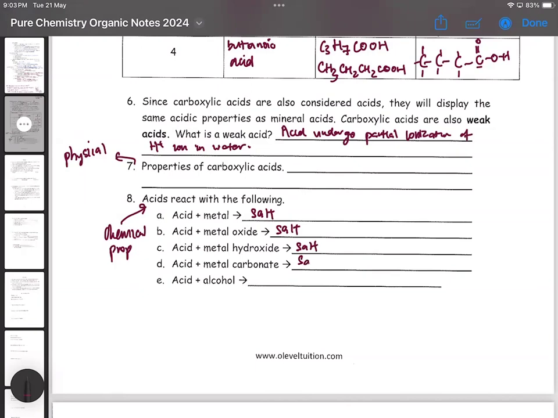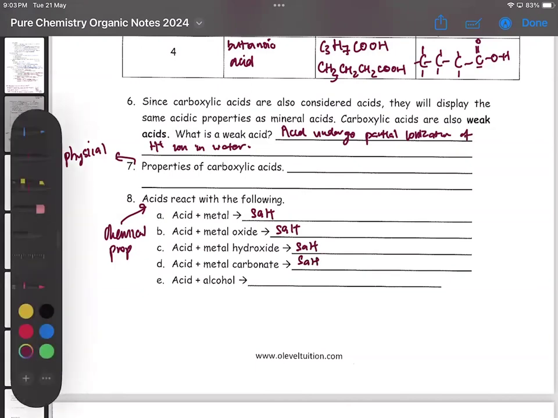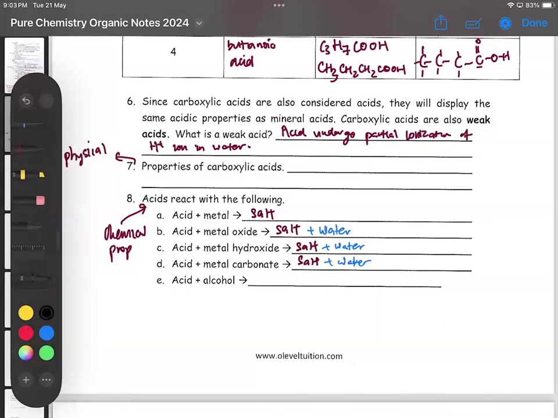Acid reactions always produce a salt. And these three reactions, they have water, and because you are a carbonate, you contain carbon dioxide. Okay, nothing much here.